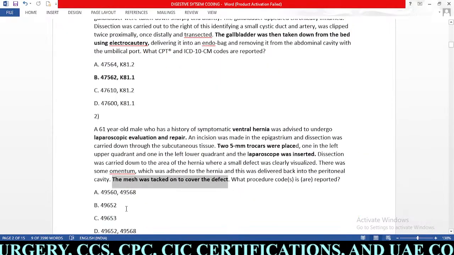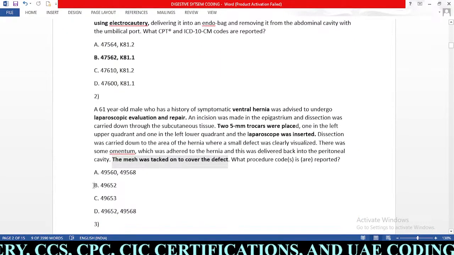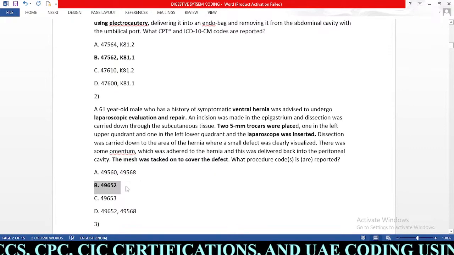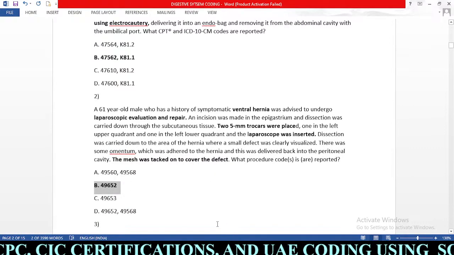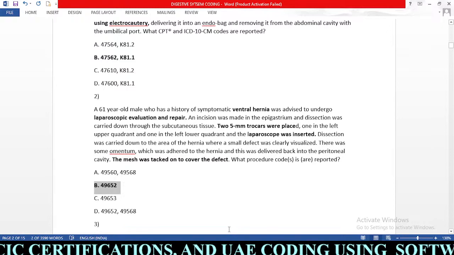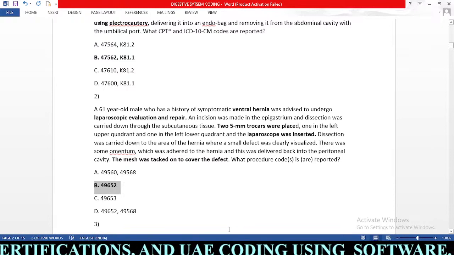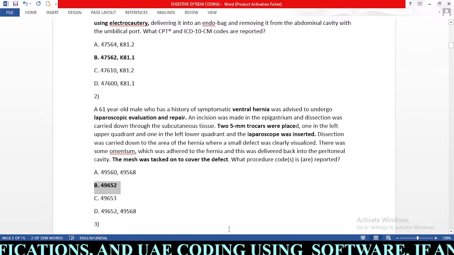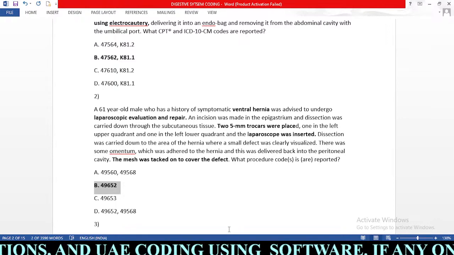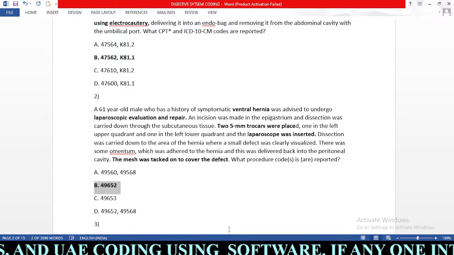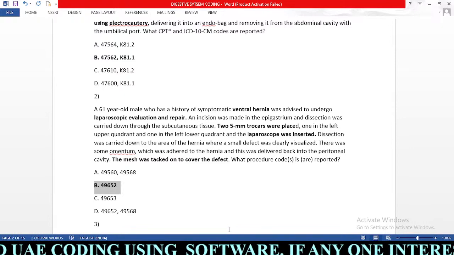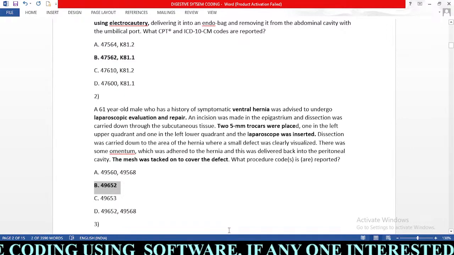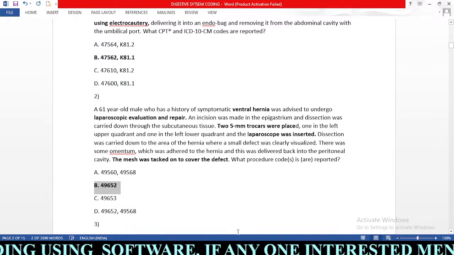So here our answer is 49652. So I hope everyone got this. Yeah, B is correct. If the physician mentions incarcerated or strangulated hernia, we need to code C. Yeah, C is wrong, B is correct.